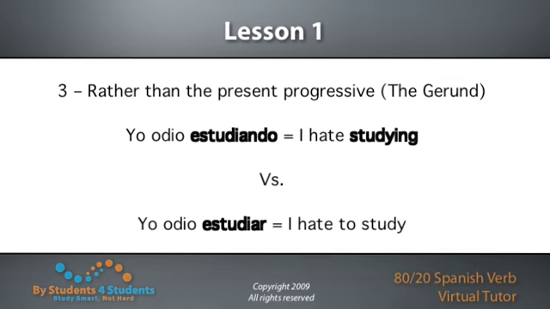Rather than saying, "I hate studying," it would be more appropriate to use the infinitive and say, "I hate to study." It is important not to overuse the present progressive and to remember what the infinitive is and when to use it. This completes Lesson 1, the infinitive.